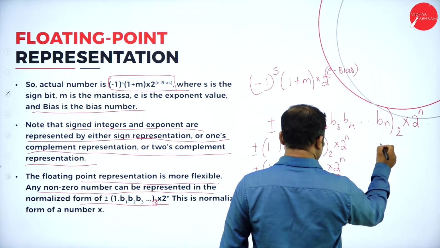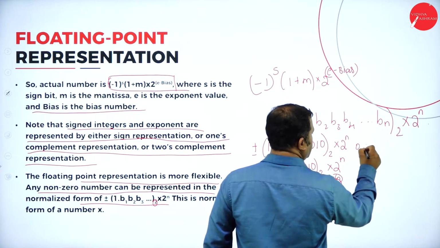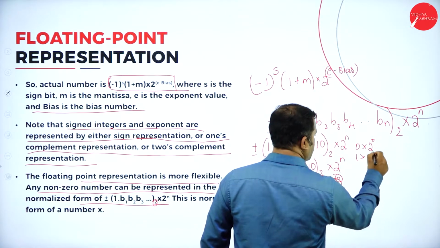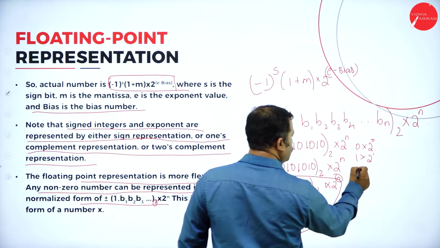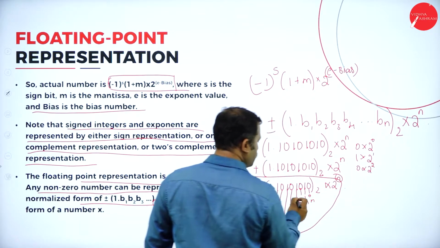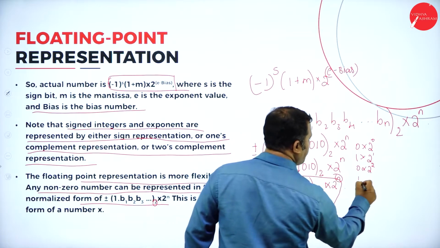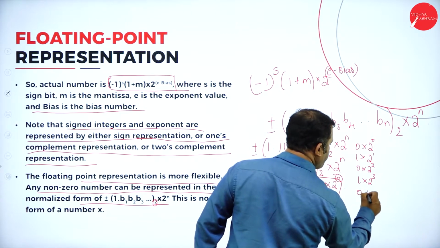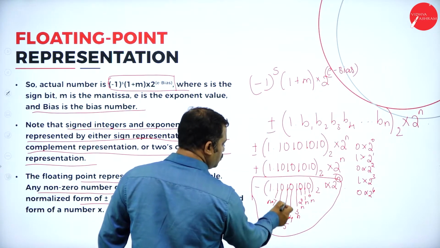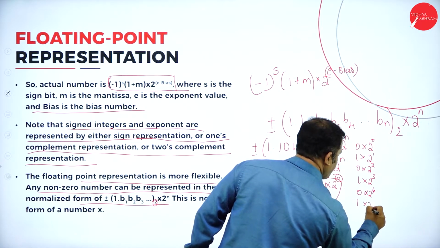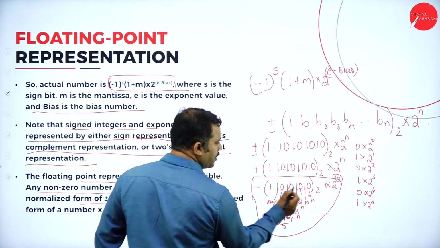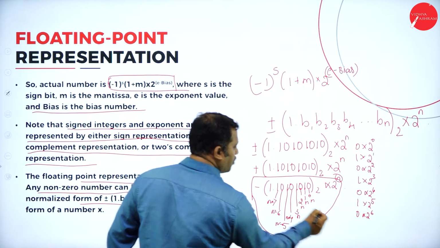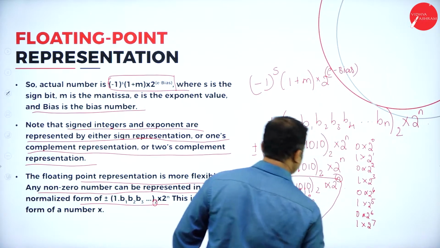That is, 0 into 2 raised to the power of 0, 1 into 2 raised to the power of 1, 0 into 2 raised to the power of 2, 1 into 2 raised to the power of 3, 0 into 2 raised to the power of 4, 1 into 2 raised to the power of 5, 0 into 2 raised to the power of 6, 1 into 2 raised to the power of 7. So we have these values in this format.